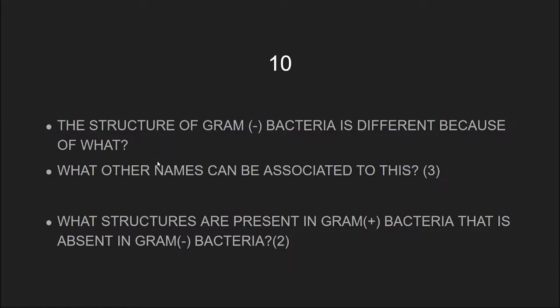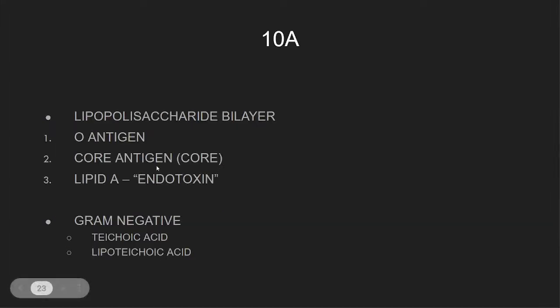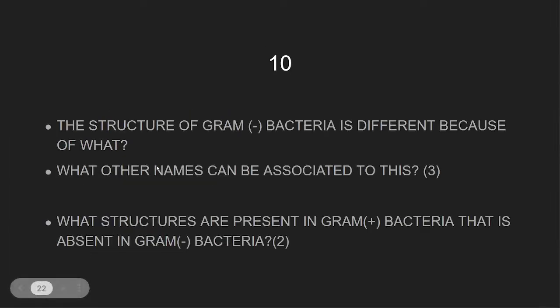Okay, for gram-positive bacteria, what makes it different from gram-negative bacteria is that the cell wall has two structures. This is teichoic acid, and lipoteichoic acid. That is only present in gram-positive organisms.